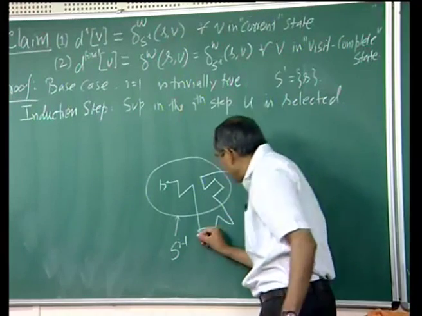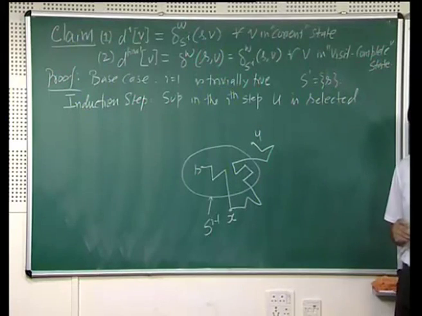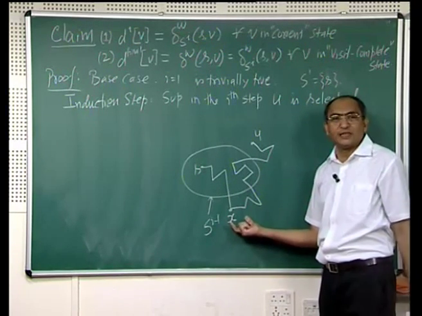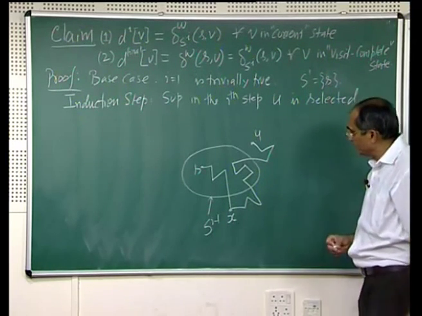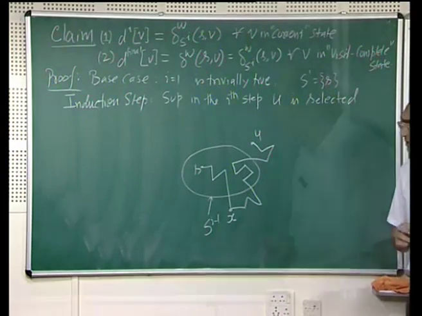Say the first vertex it hits is X. Let me first assume that X is different from U. Then a few inequalities I can now write down.